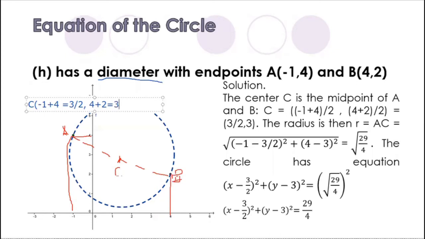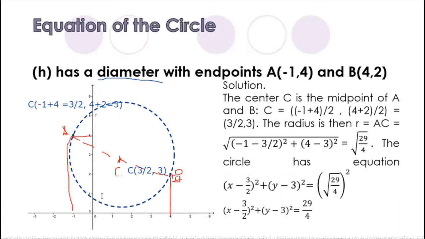Okay? So, meron na tayong coordinates ng ating center. Ang coordinates ng center natin ay 3 halves for the x coordinates, at 3 naman sa y coordinates. Okay, check lang natin kung tama. Pagtingin natin sa ating sketch, 3 halves, 1 and 1 half yun eh.